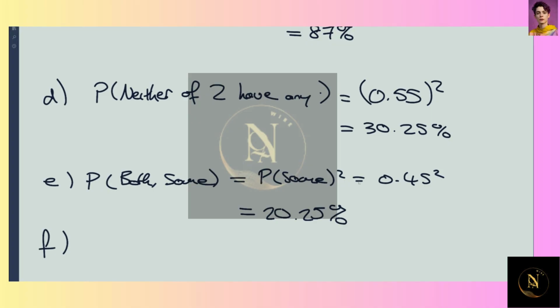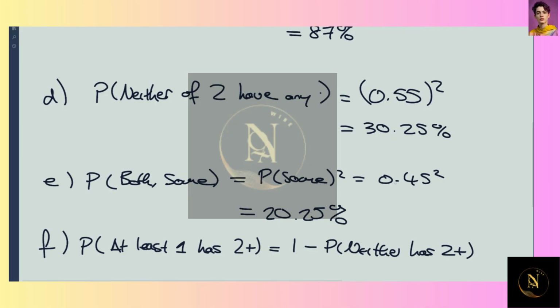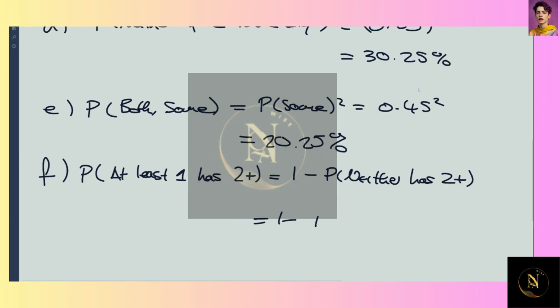And part F, at least one has had more than one semester of calculus. So the probability that at least one has had 2+ is going to be 1 minus the probability that neither has 2+, which is 1 minus the probability of at most 1 squared.